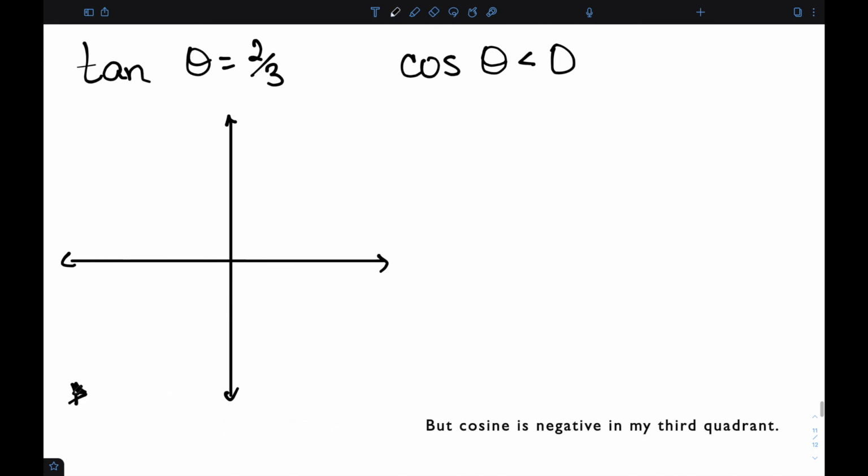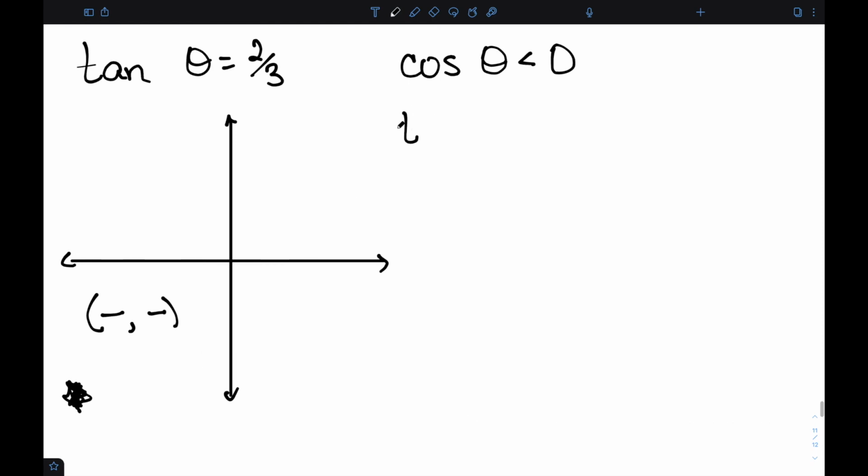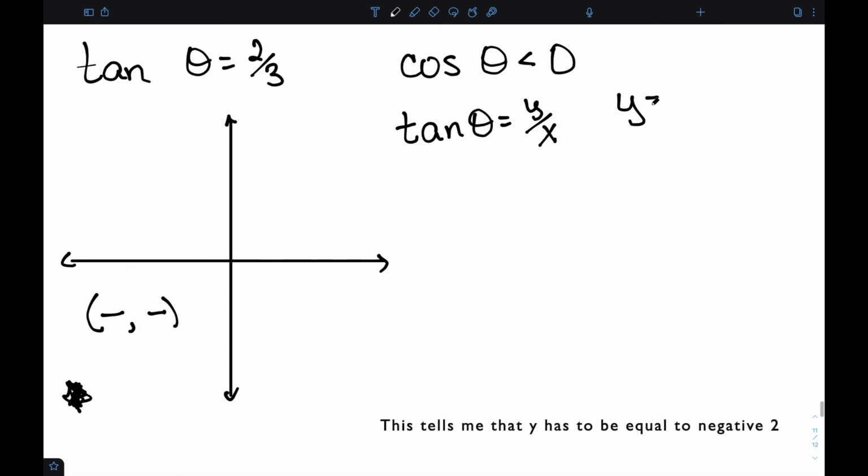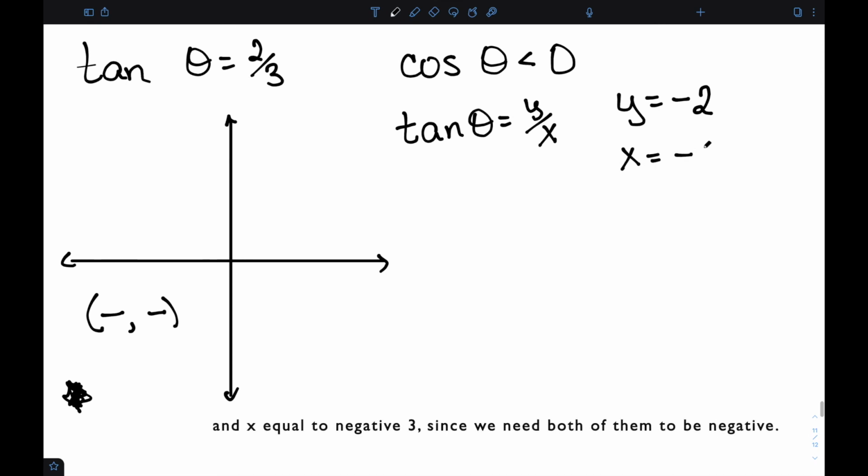But cosine is negative in my third quadrant. In this case, both x and y are negative. So tangent of theta is equal to y/x. This tells me that y has to be equal to -2 and x equal to -3, since we need both of them to be negative.